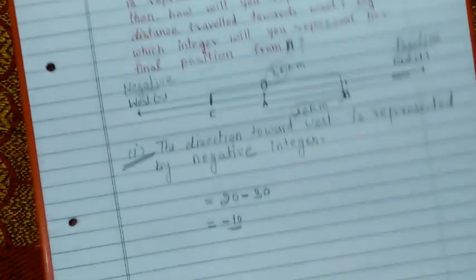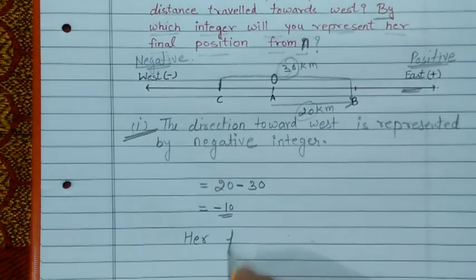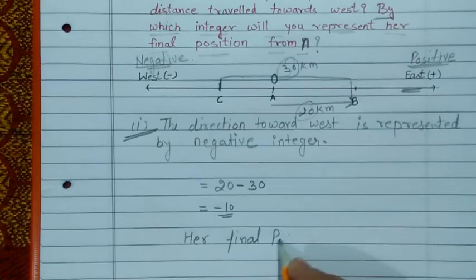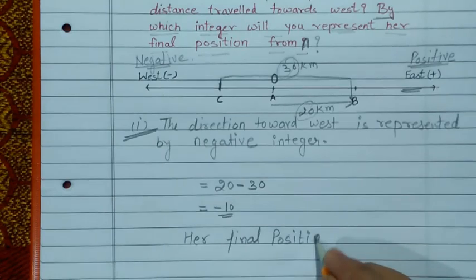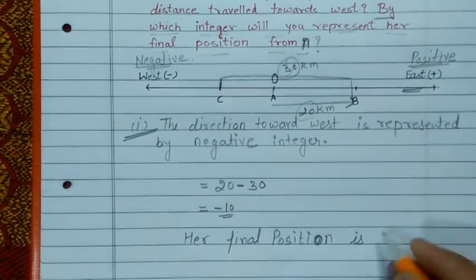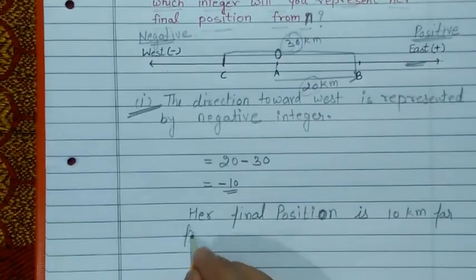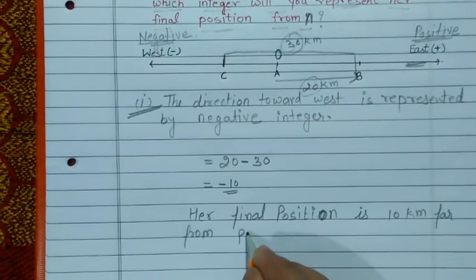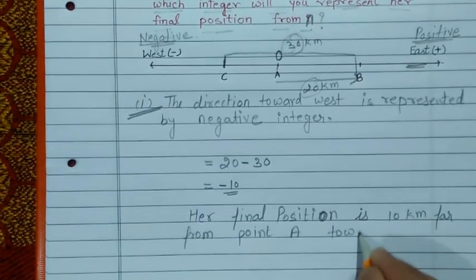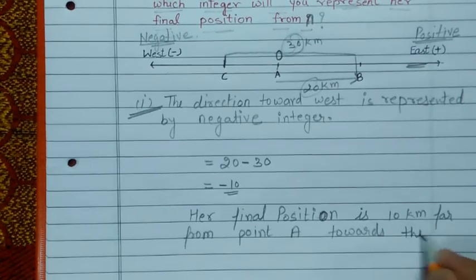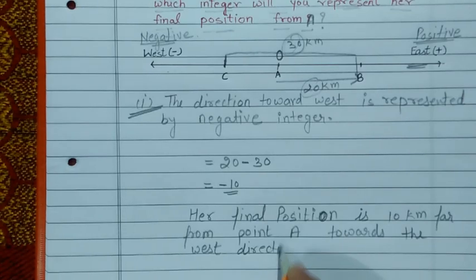So her final position is 10 kilometers far from point A towards the west direction.